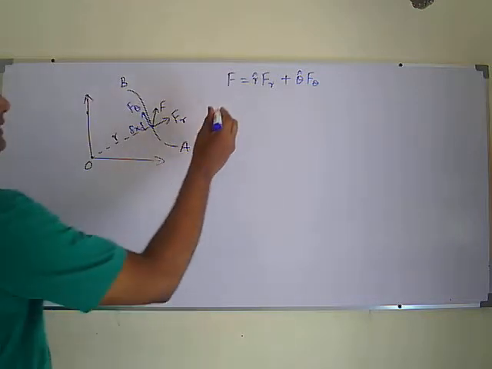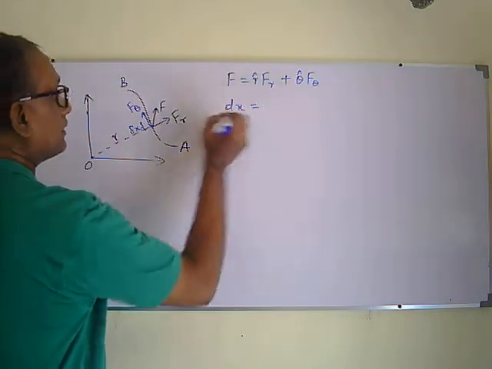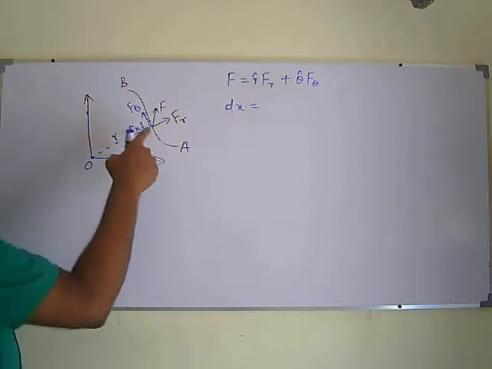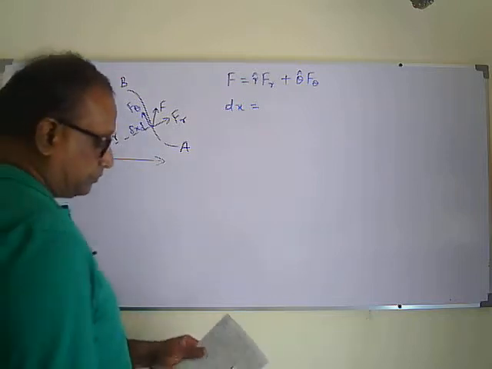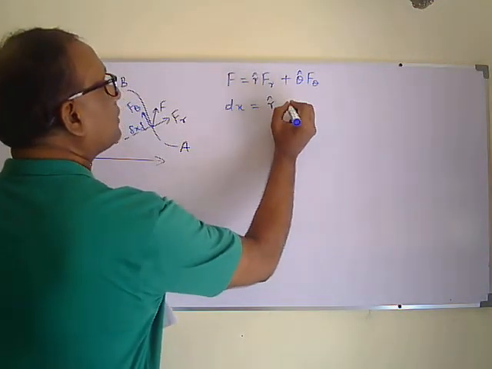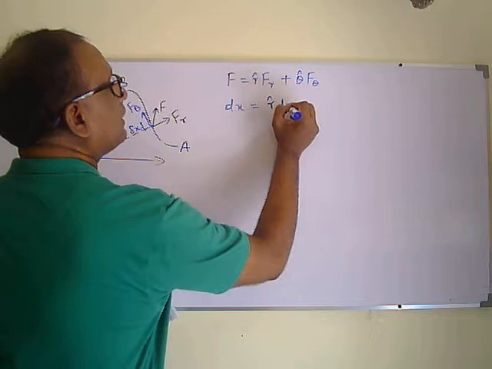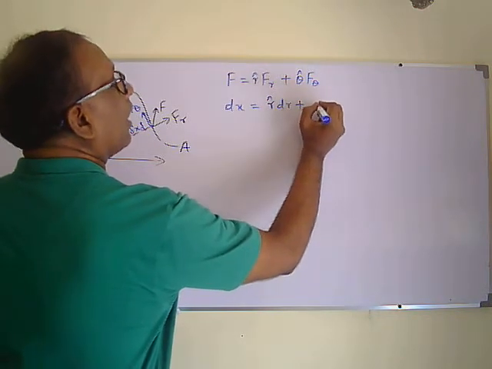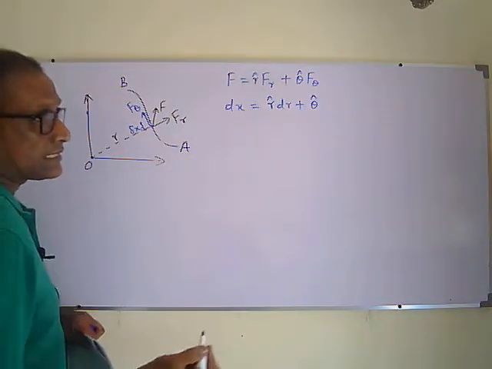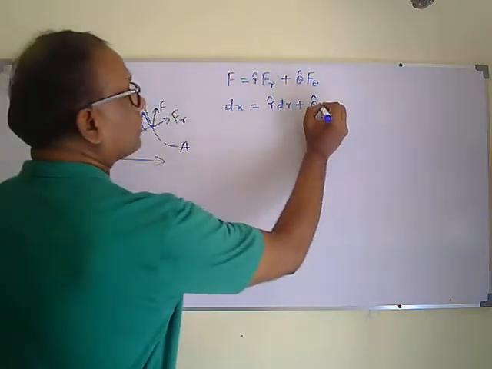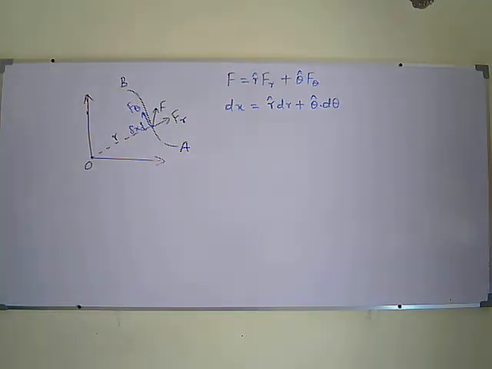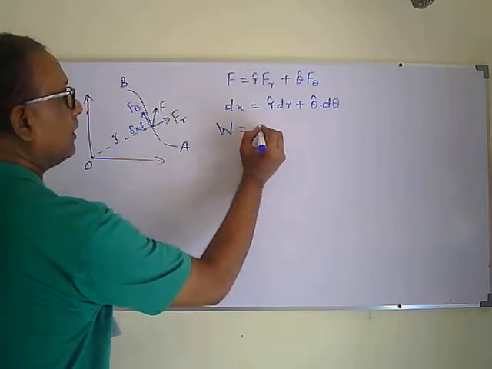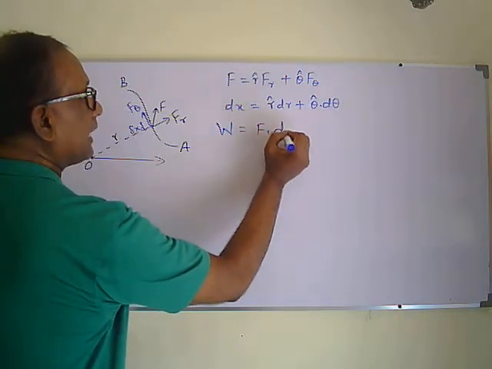Same way, the small distance it moved along the path, dx, I can give as R cap dr plus theta cap, the unit vector, into d theta, where d theta is the angle in polar coordinates r theta. So the work done is given by W equal to F dot dx.